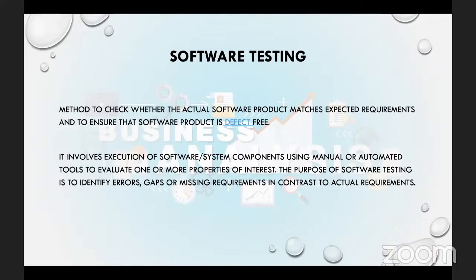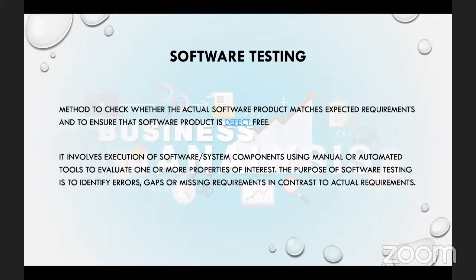And so when development work is finally completed, we need to be able to evaluate, to assess, to test, to ensure that whatever the stakeholder said he or she wanted has been done exactly as expected, and that the product we're going to be shipping out or deploying is bug free or defect free as well.